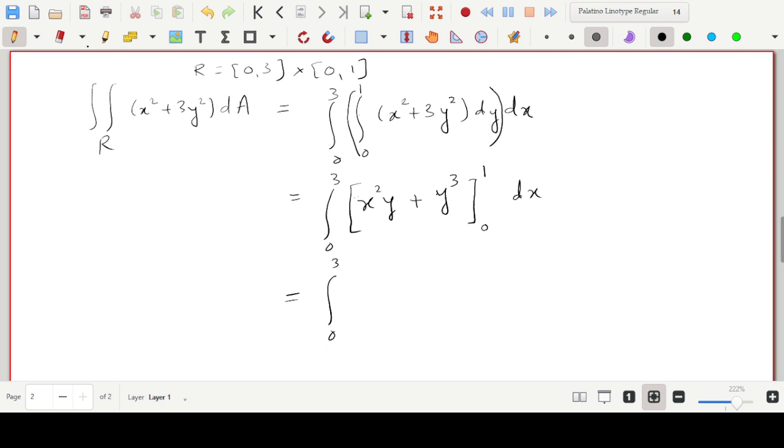So let us substitute, first y equal to 1: x square multiplied by 1 plus 1 cube, which is 1, minus x square multiplied by 0 plus 0, so 0.